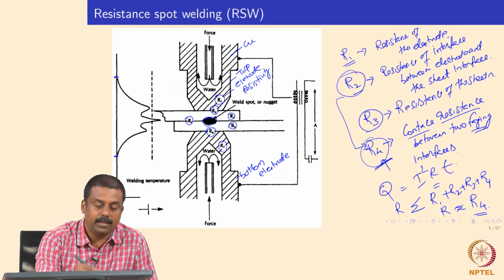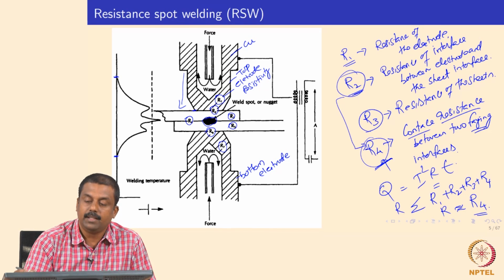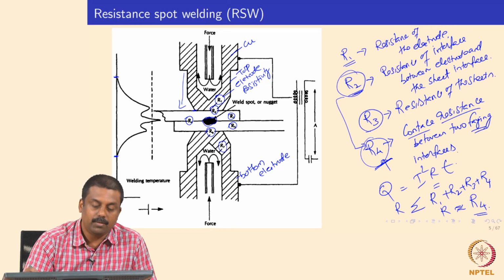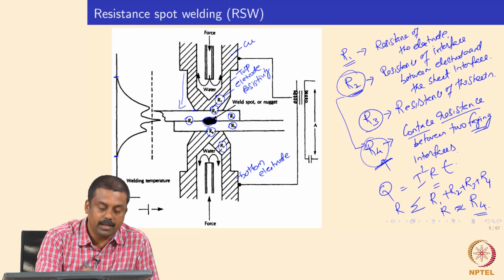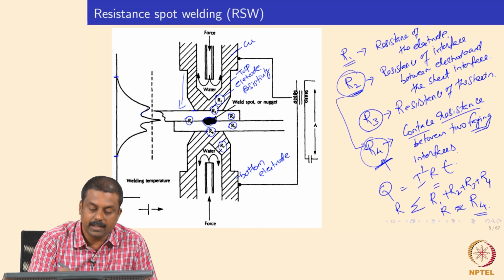But when you move towards the interface, the temperature increases, and there is a peak at the interface between the electrode and the sheet, determined by R2. Then the temperature decreases again because the sheets' resistance, R3, is not comparable with R2 and R4.